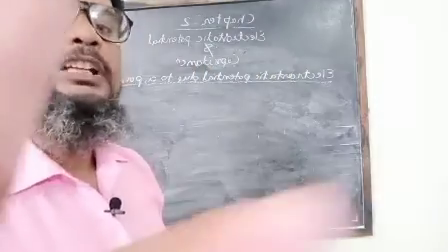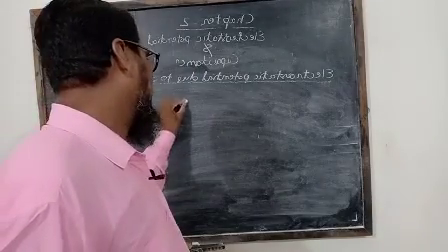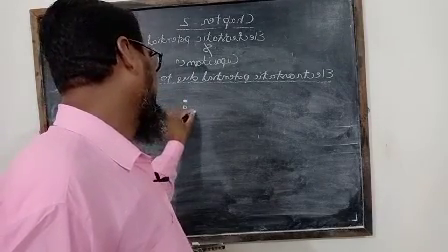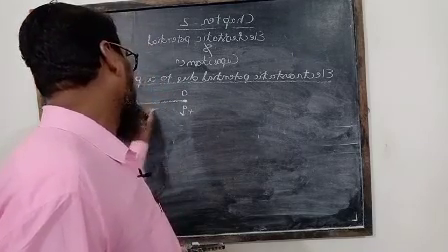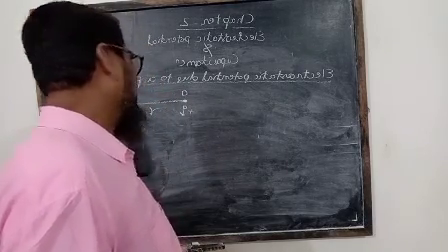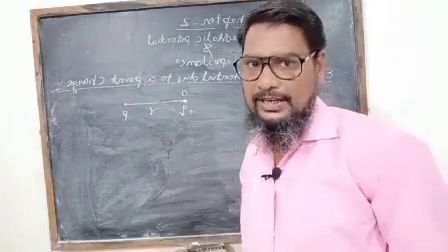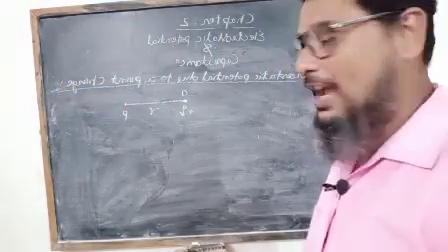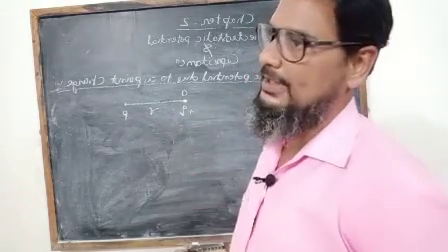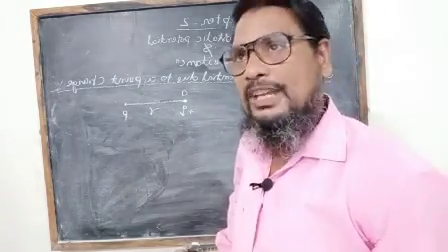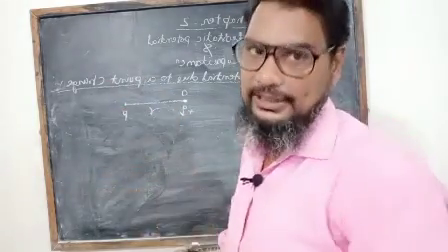So for the electrostatic potential due to a point charge, we consider a point charge Q at point O, and at a distance r we consider a point P where we want to calculate the electrostatic potential. Because we have to calculate the electrostatic potential at a point, we have to bring a unit positive test charge particle from infinity to that point.